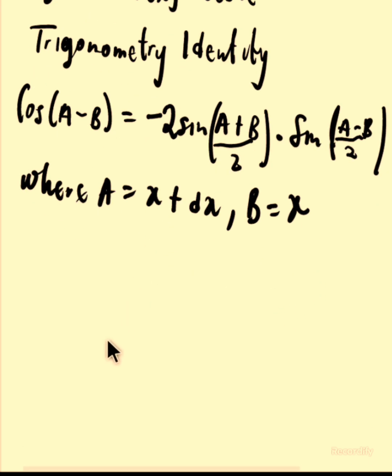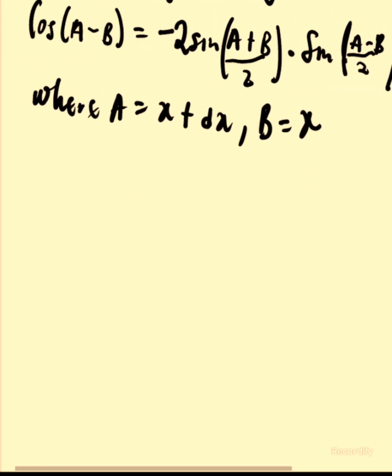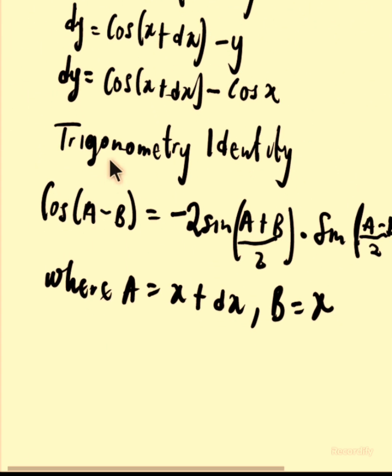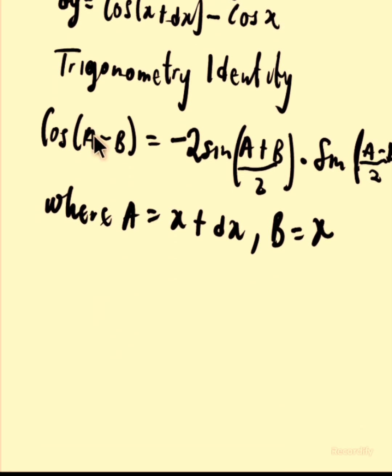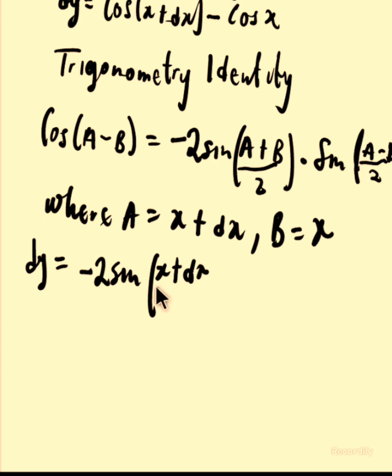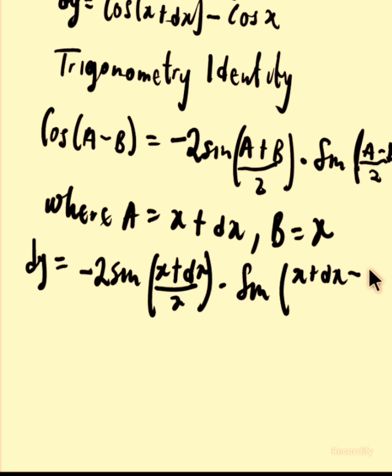So what am I going to do now? I'll come back to my dy here, which is cos of this. Don't forget I already said that cos a minus cos b takes this form. So I'm going to write dy equals minus 2 sin of a, where a is x plus dx, all divided by 2, times sin of (a minus b), where a is x plus dx, minus b, which is x, all divided by 2.